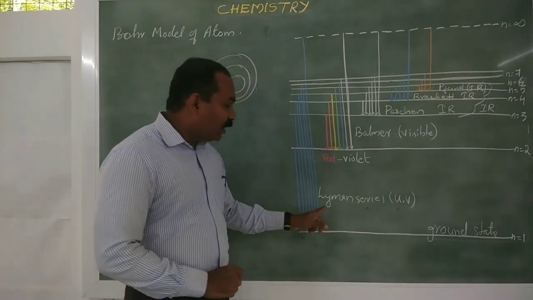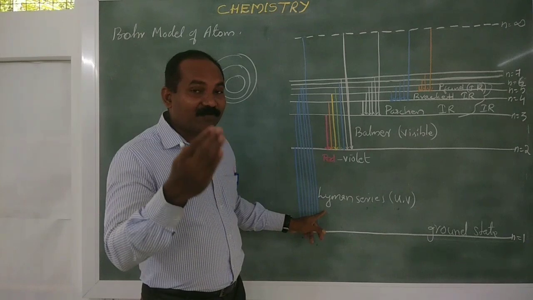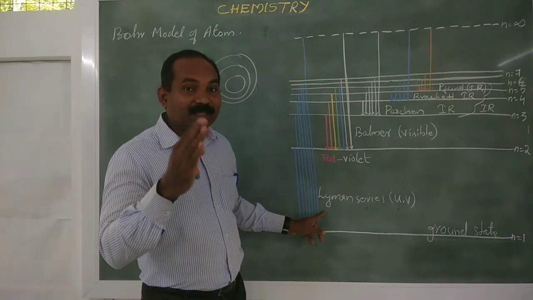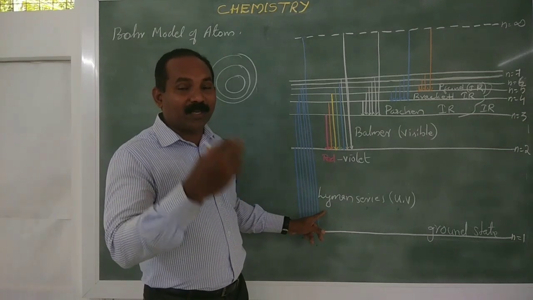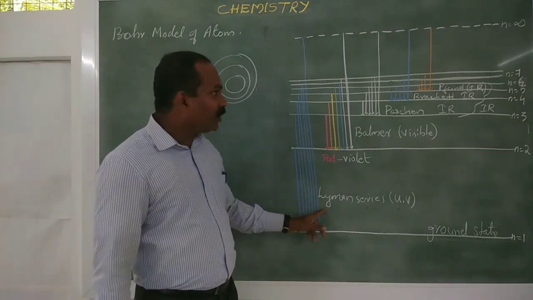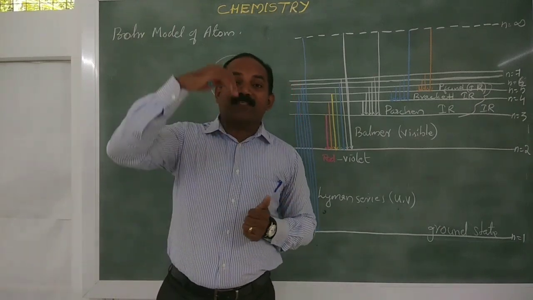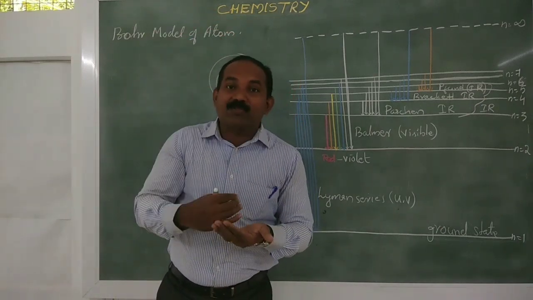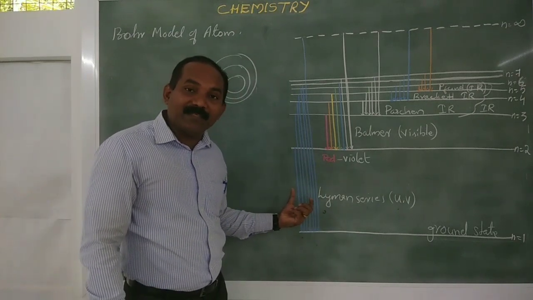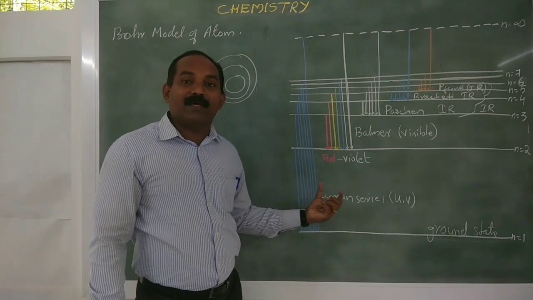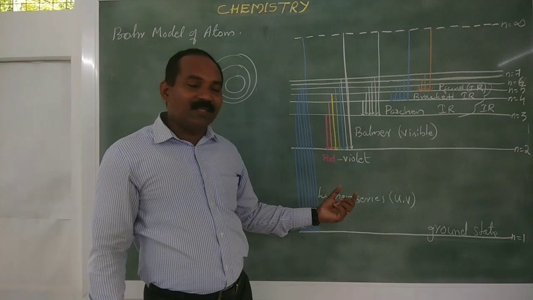Remember that? In the last class I gave you the information for the Lyman series. The lower level is n1 equals 1, and the higher level n2 is 2, 3, 4, 5, etc. to infinity, back into the first level, giving a series of lines called the Lyman series, which is in the UV region.